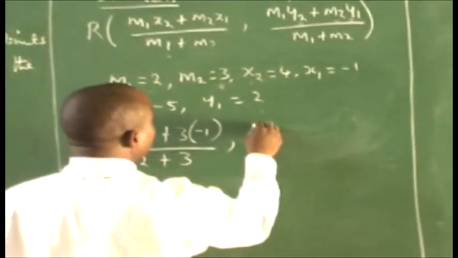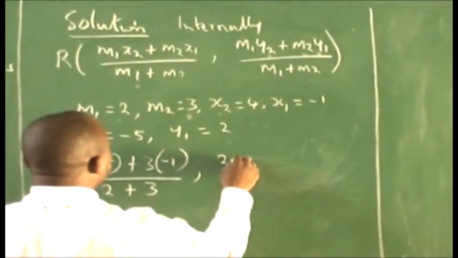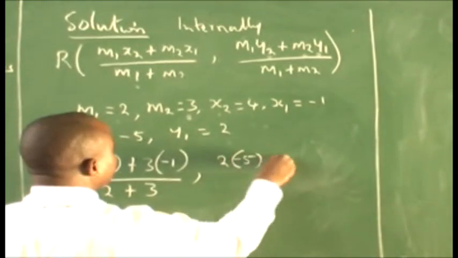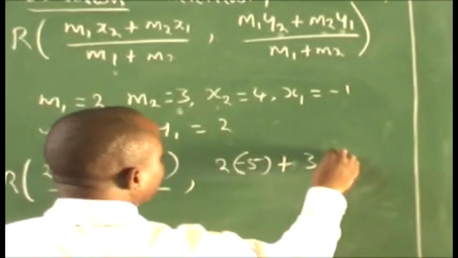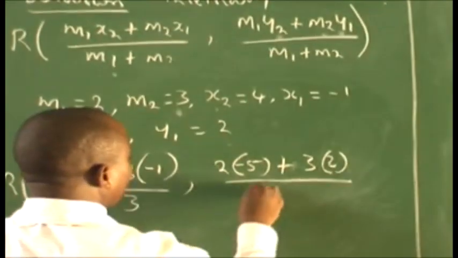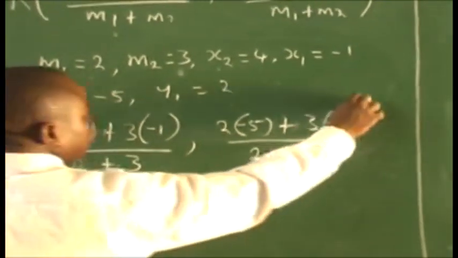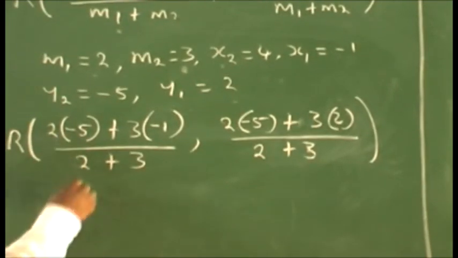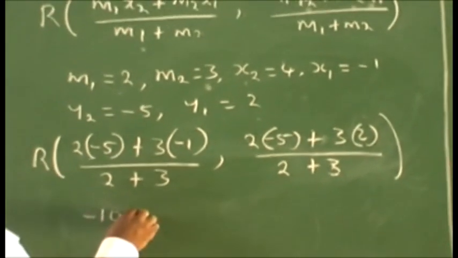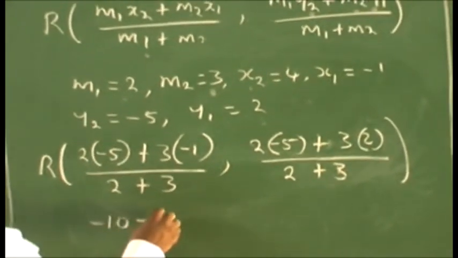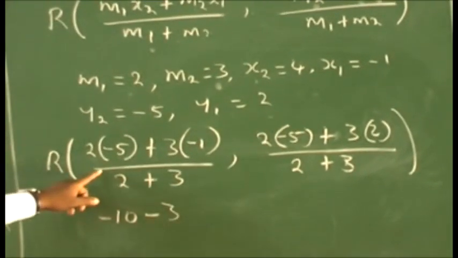Then we also have M1, which is 2, times Y2, which is minus 5, plus M2, which is 3, times Y1, which is 2, all over M1, 2, plus 3 as M2. Now 2 times minus 5 gives us minus 10. Then we have here minus 3. Here we have minus 10.